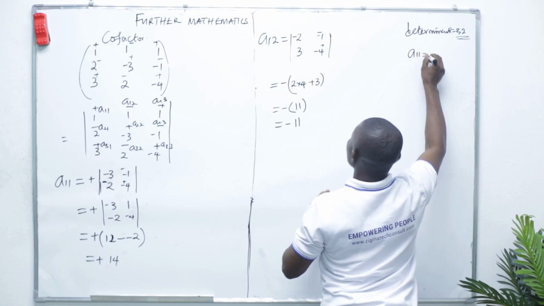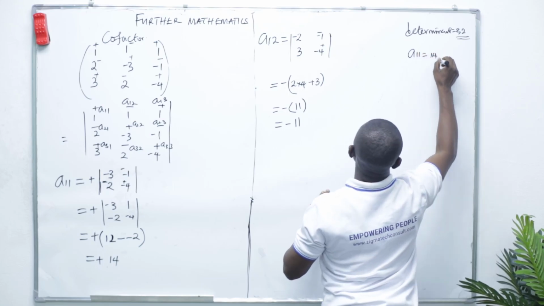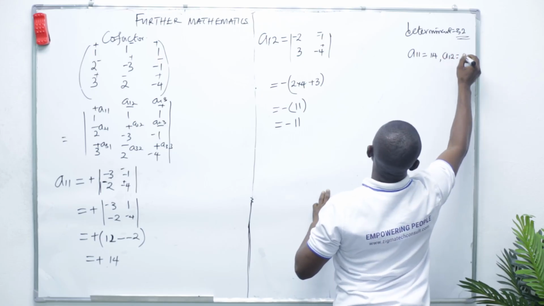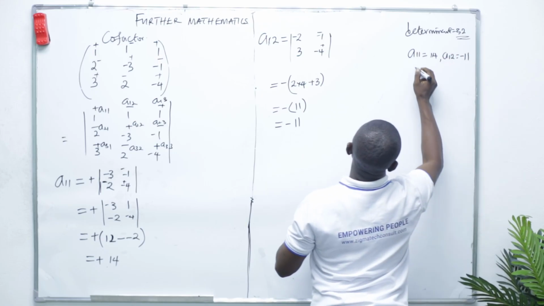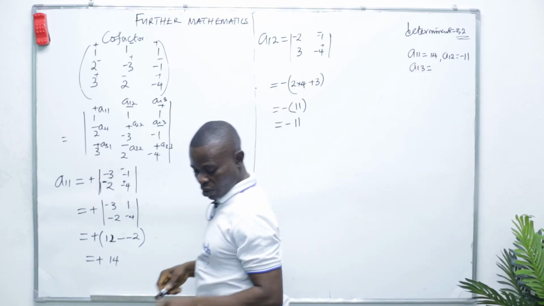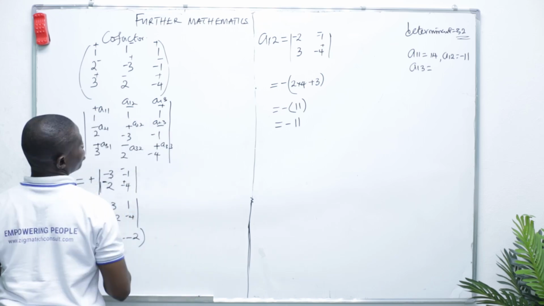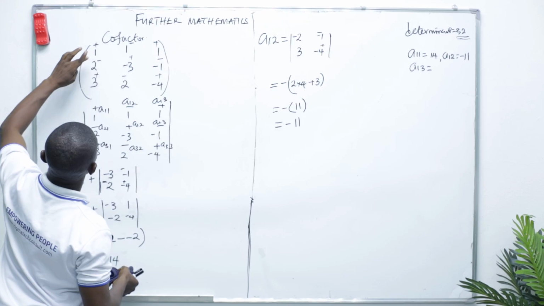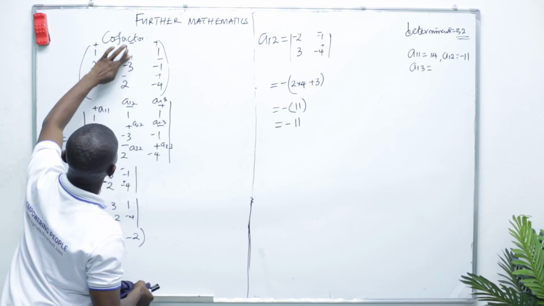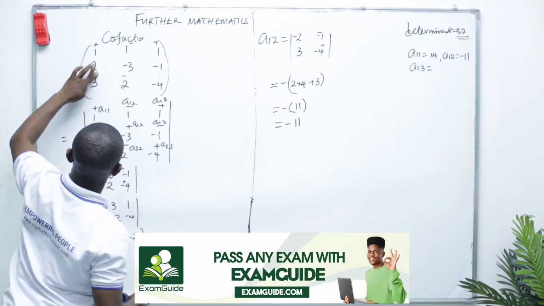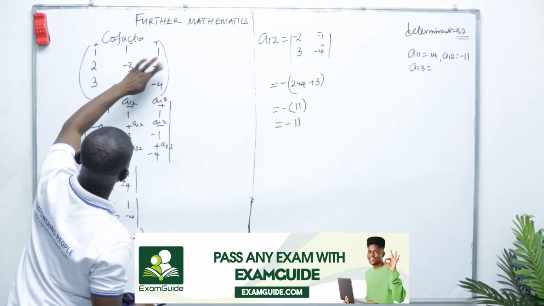A11 is 14. A12 is minus 11. A13, let's solve for A13. Let me remove these signs to avoid confusion.